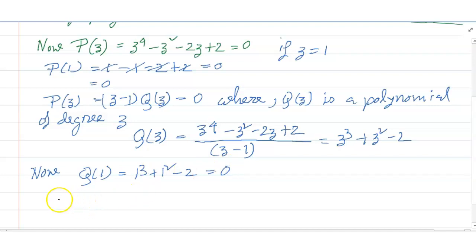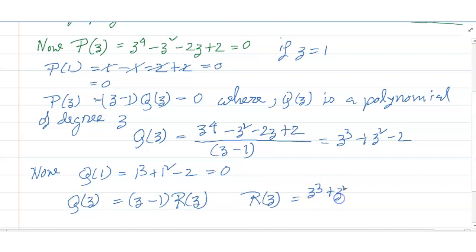So I can write q(z) = (z - 1) r(z), and I can write r(z) = (z^3 + z^2 - 2) divided by (z - 1) = z^2 + 2z + 2.